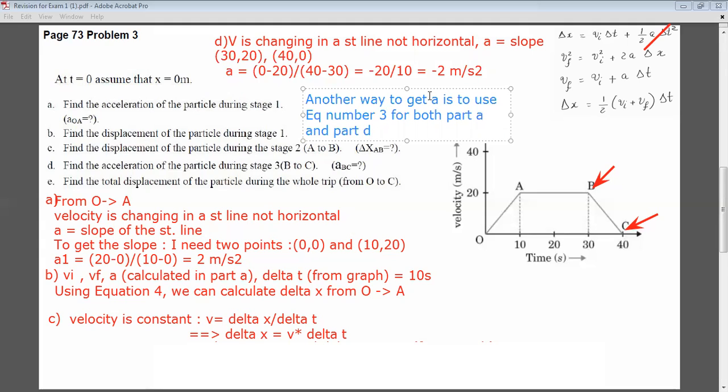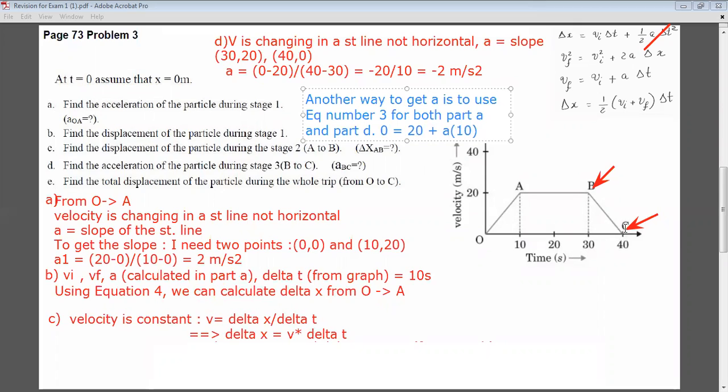Okay, let's see if we use equation 3. V final is 0, because this is the velocity.